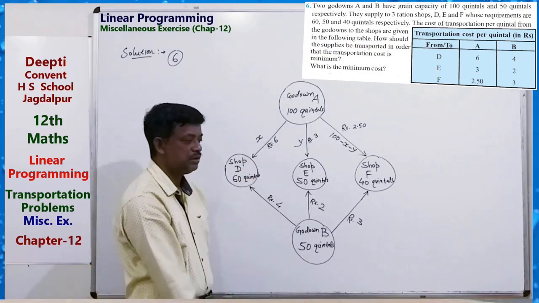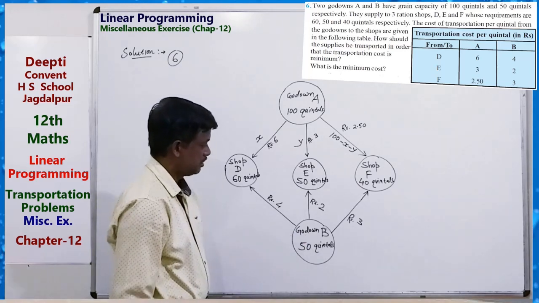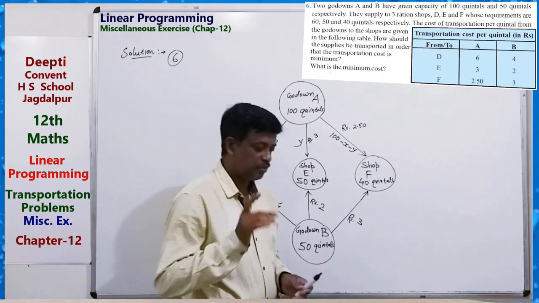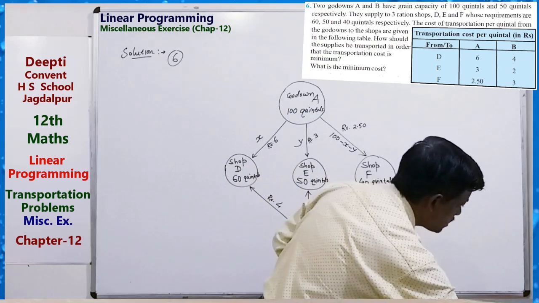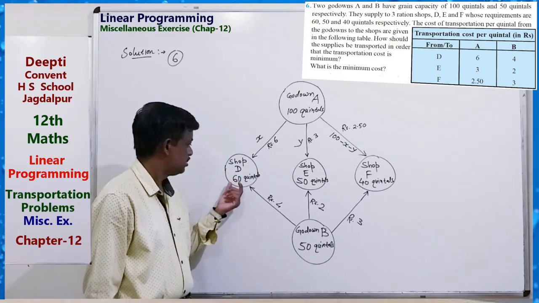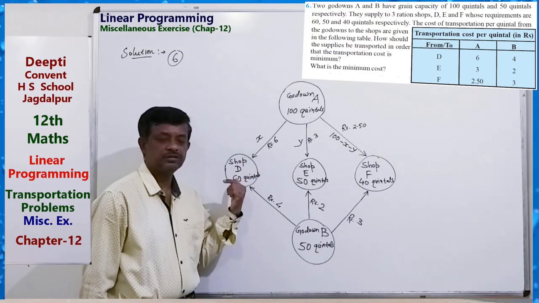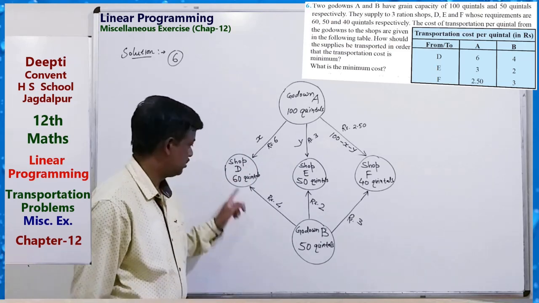Similarly, godown B. Now, here what will be? Because X quintal has come to D, its requirement is 60 quintal, and X quintal from A is already received.